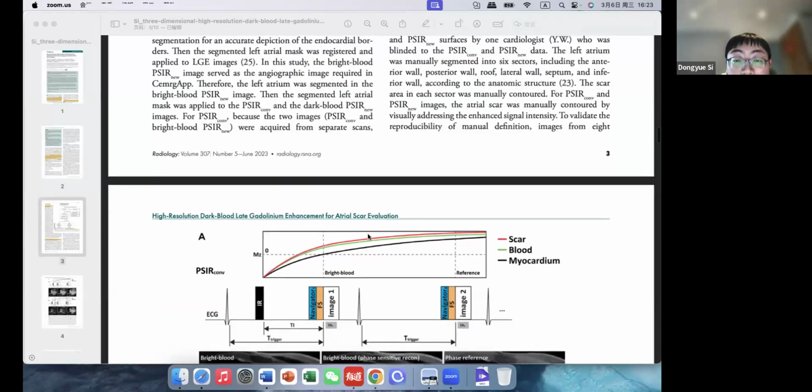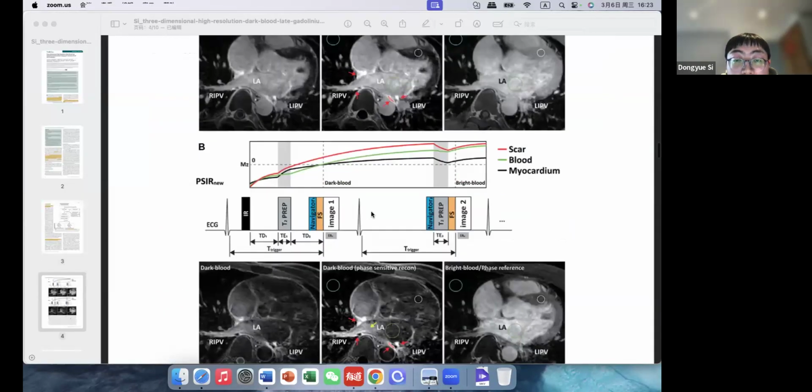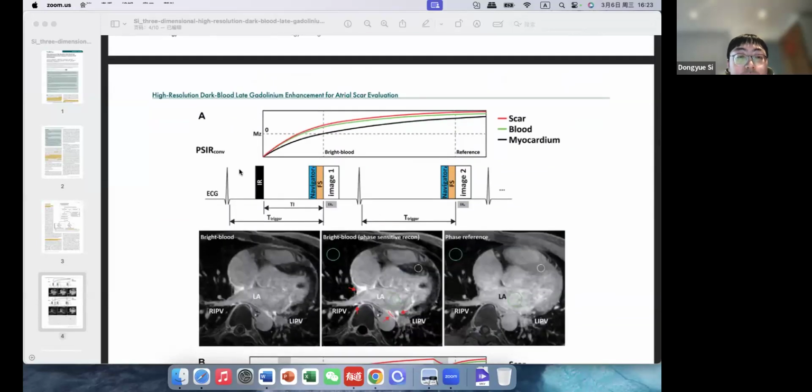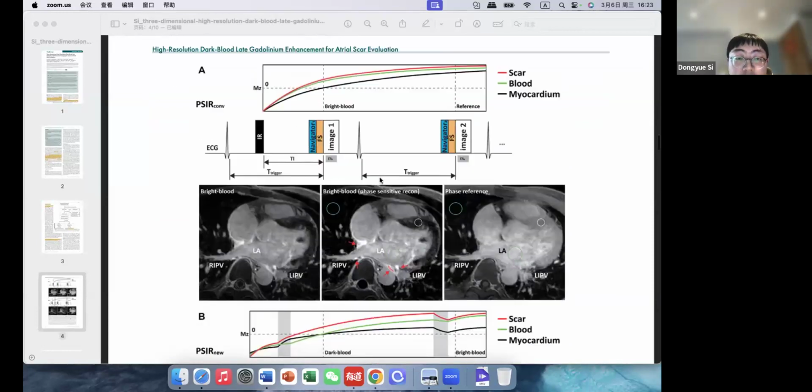The image sequences are shown in this figure. The conventional PSIR sequence is performed with an inversion recovery preparation to acquire the first image, and the second image is used as the reference to correct the phase of the first inversion recovery prepared image.